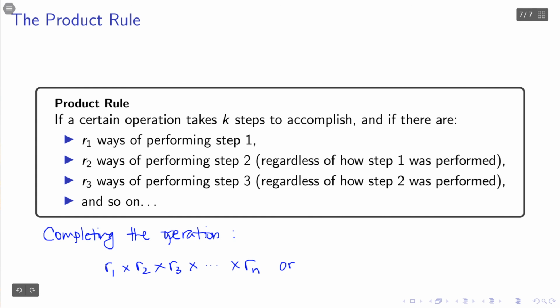Or we can write this in product notation, the product of all ri from i equals 1 to k. Ways to do so. And that's the product rule.